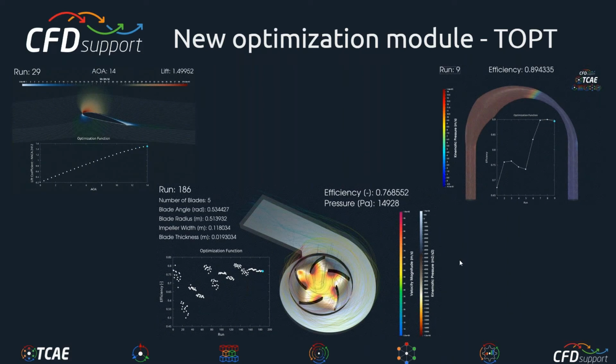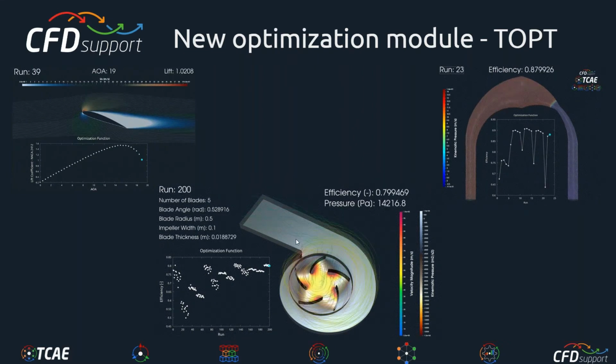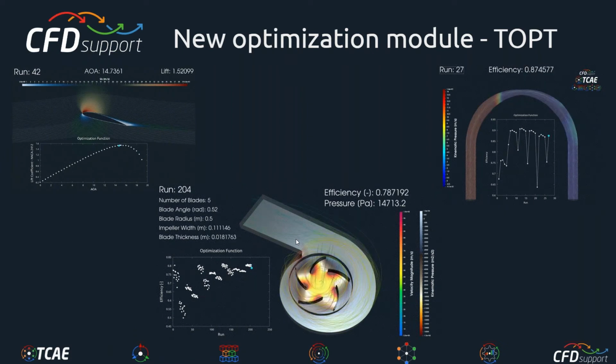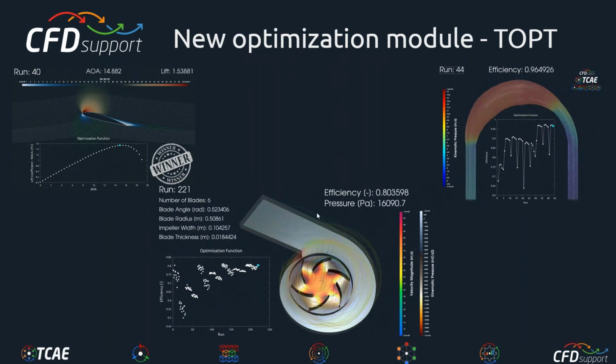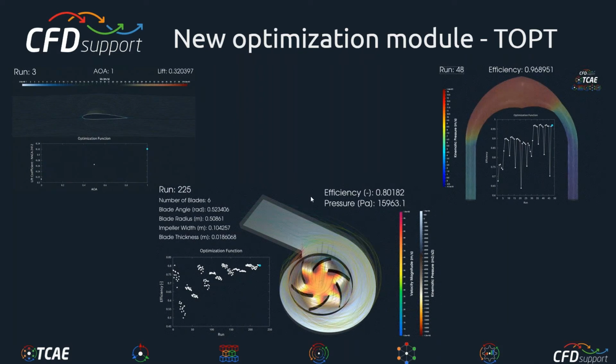Okay, so these are quick examples. It's always looking for some extremes of functions, either highest efficiency or highest lift coefficient, or whatever extreme you want to look for in this n-dimensional function. You can find it.